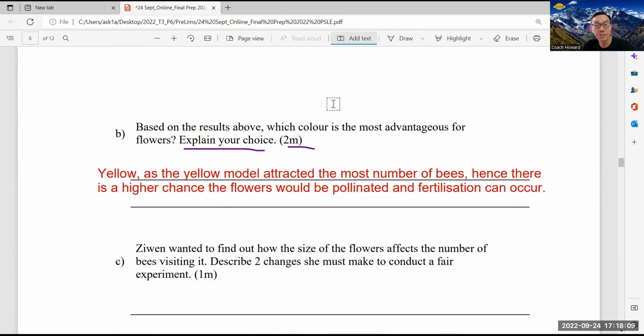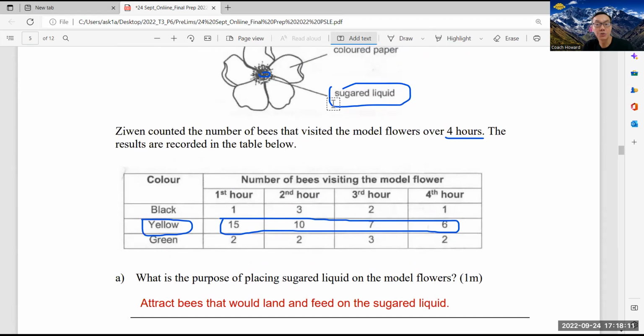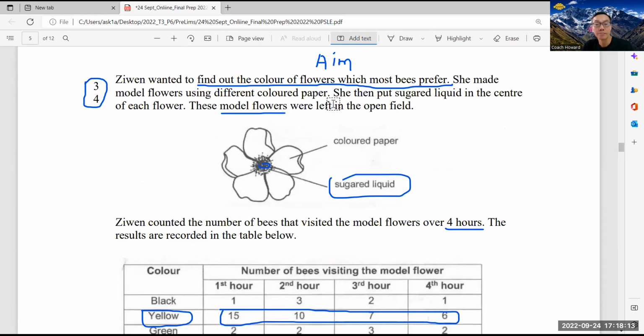Okay, if you look at the question here, I scroll back. They want to find out the color of flowers which most bees prefer. That means in real life, they want to find out whether the bees like black, yellow, or green. So now in an experiment, they use model flowers to do it.